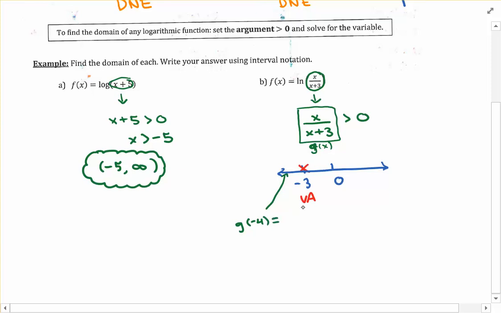But if we plug -4 as a test point into our function g, or the rational expression, we'd have -4 over -4 plus 3 is -1. That gives us a positive output, namely positive 4. So according to our theory of inequalities, any value of x that's less than -3 will make this expression positive.